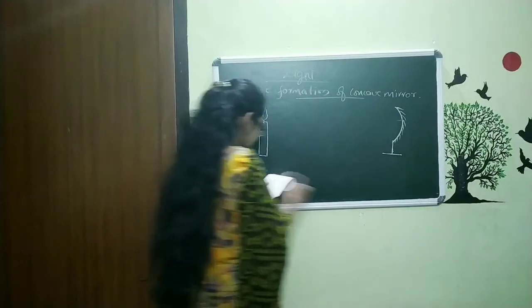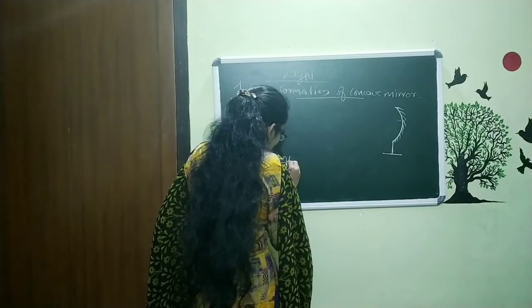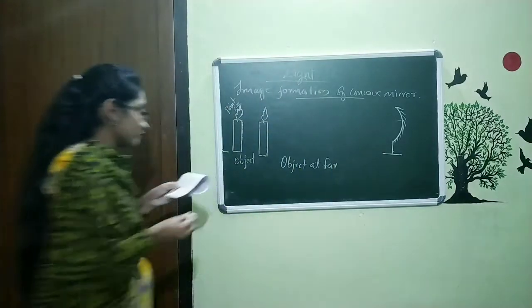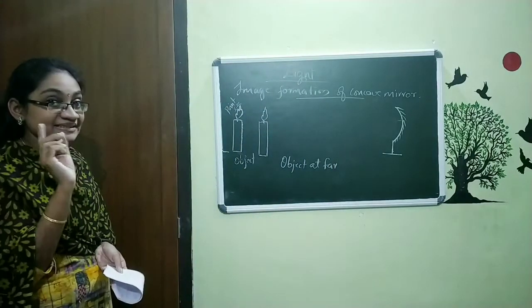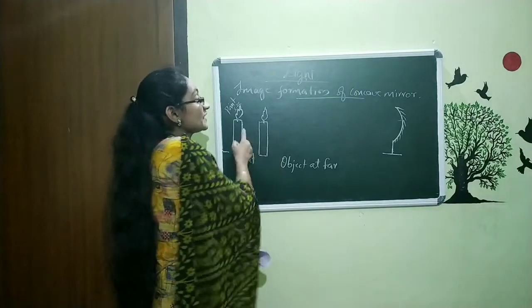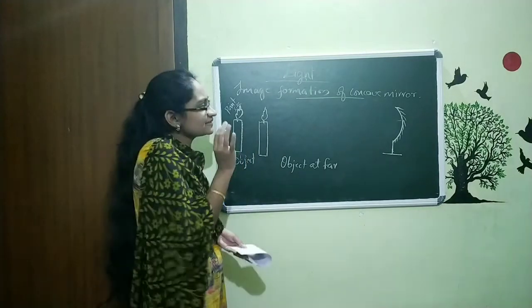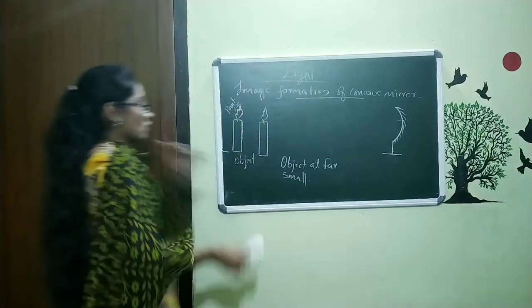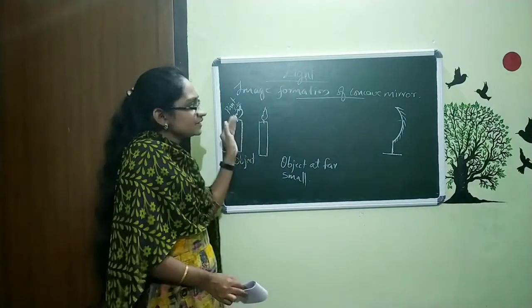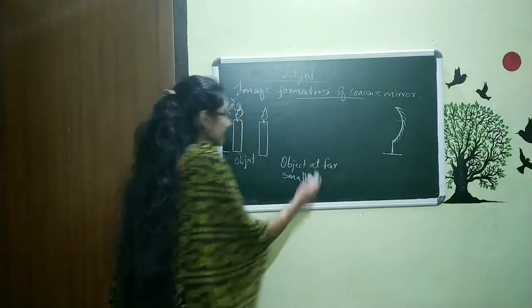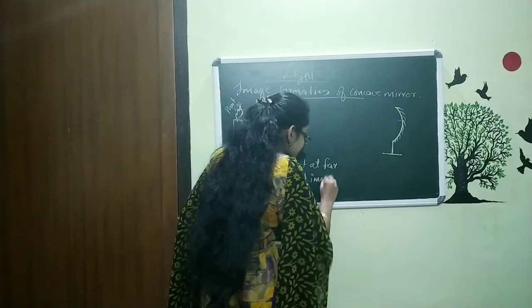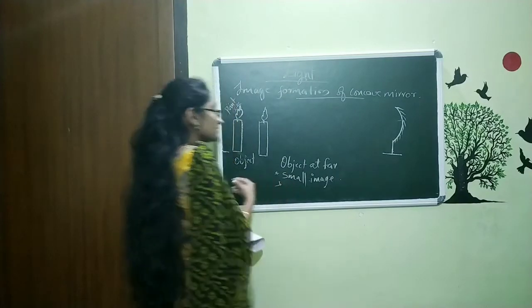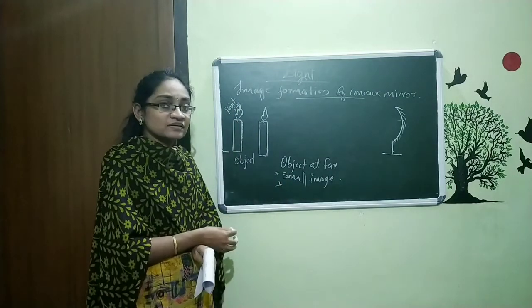So we can write object at far. Now you will get the image a little bigger than this. Now it is not point size, it is small. It is small but not point size, a little bigger than this. So we can say small image. Then is it real or inverted?